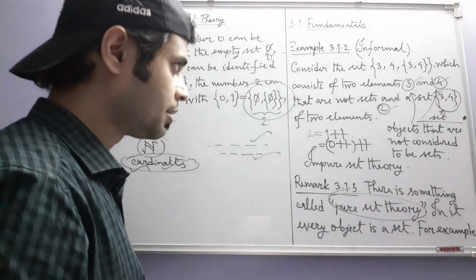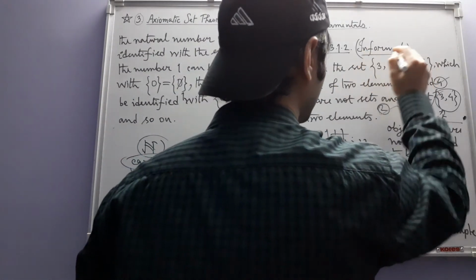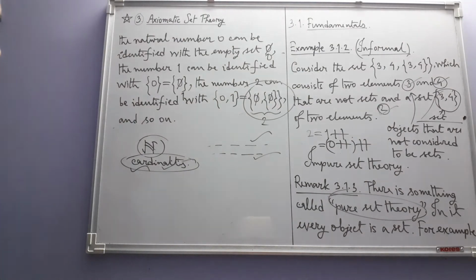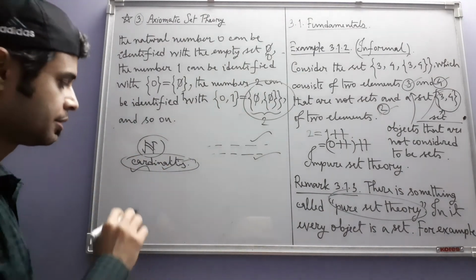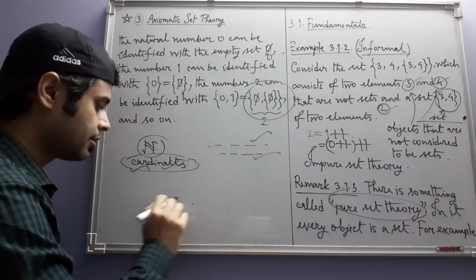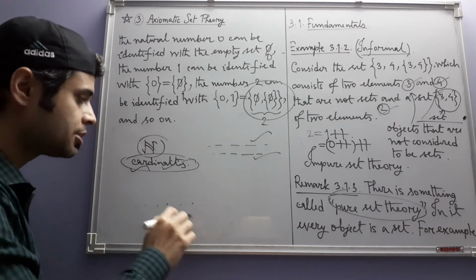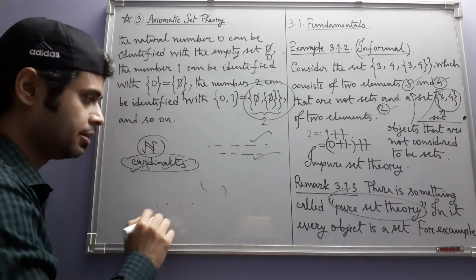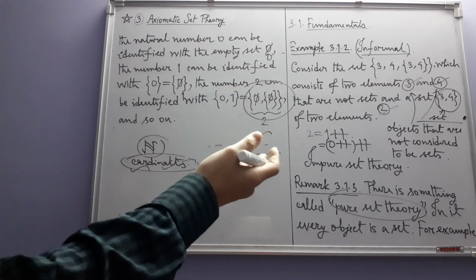Now, one more thing that I didn't address is why this example is informal. So far we have seen only one axiom: sets are objects. As we go to more and more axioms, the axioms will allow me to say this collection is a set, and again this much larger collection is a set.